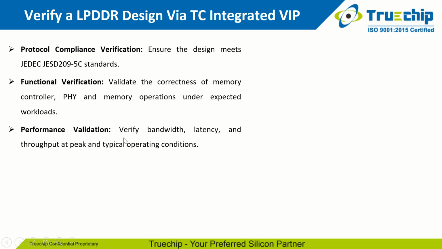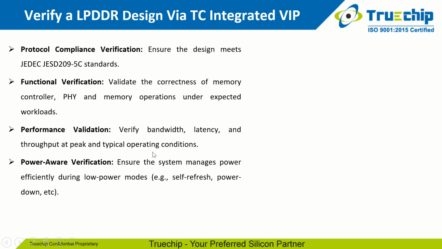Performance validation. It verifies bandwidth, latency, and throughput at peak and typical operating conditions. Power aware verification. Ensure the system manages power efficiency during low power mode. Example, self refresh, power down, etc.